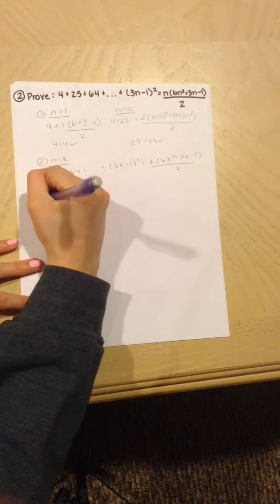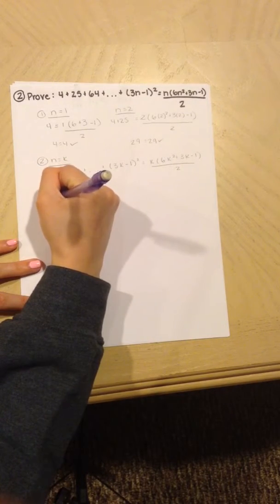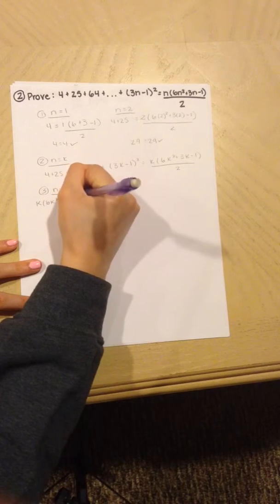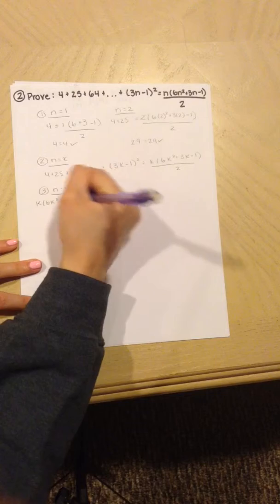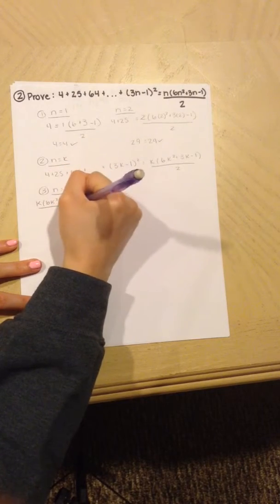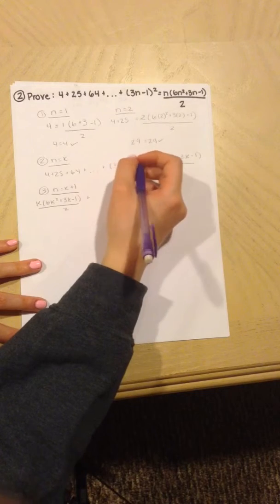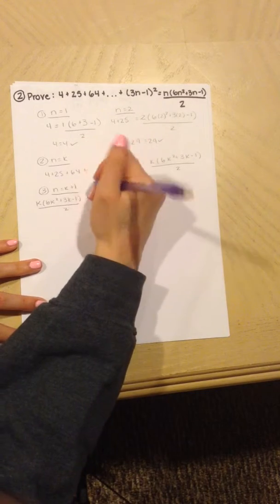We're going to do k times 6k squared plus 3k minus 1 over 2 plus, now we're going to plug in k plus 1 here.